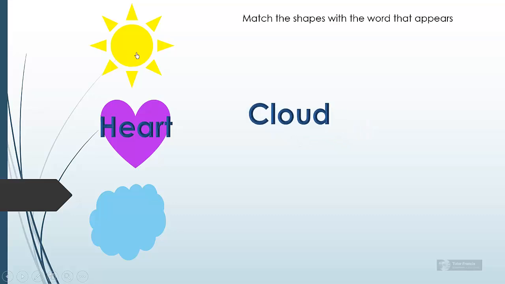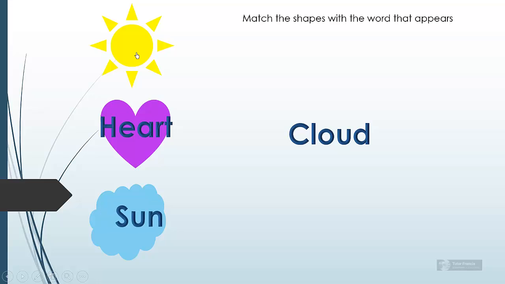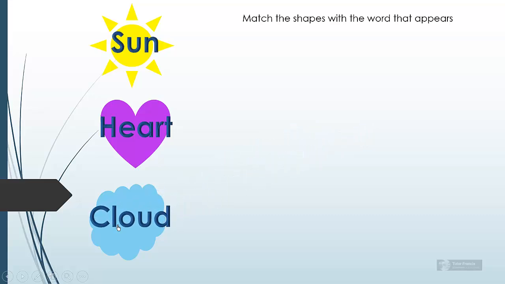So if the user clicks this, it goes back. When he clicks it, it goes back. Then when the user clicks this, everything is matched perfectly and it remains on it. So that is how we can create a matching activity where the correct pairs remain on the correct shape.